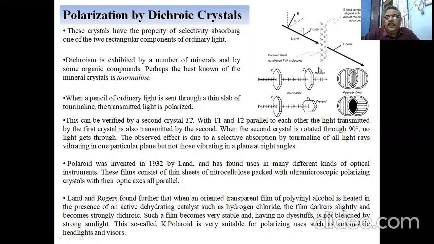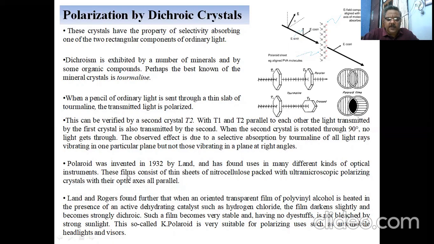In this way, we can test the polarization. This is the test for polarization. We have two crystals of the same kind. When they are in the same direction, the light we are getting is polarized. When we rotate the second one by 90 degrees and we don't get any light, that means the light which was coming was polarized.